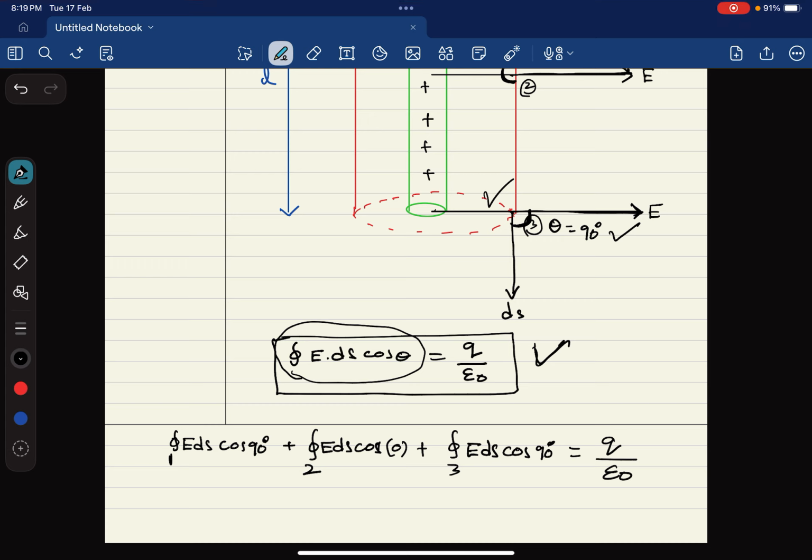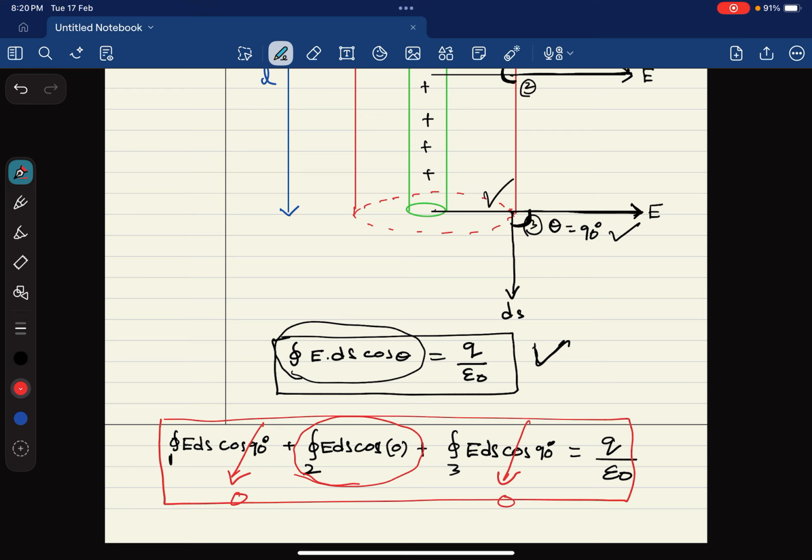As we know, the cos 90 value becomes 0, so the total term will be 0 here. Similarly, for the third region, here also the angle is 90 degrees, so this part also becomes 0. So we are left with only the second region, that is E ds cos 0. The cos 0 value is 1.